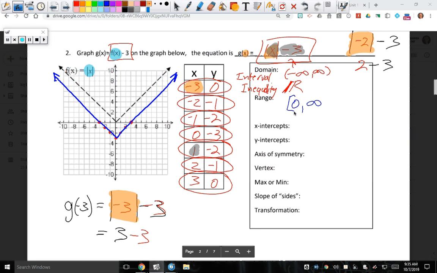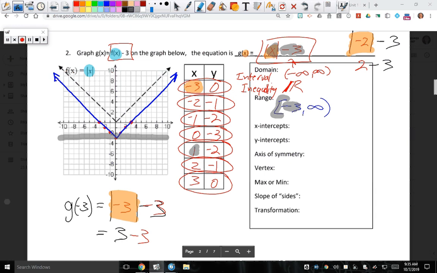Oh, it's not 0 to infinity, is it? There we go. It's -3. Nice catch. It's -3 to infinity, because the lowest that it will go is y equals -3. That's the lowest that it went, and it touched. And because it touched, we close it up.